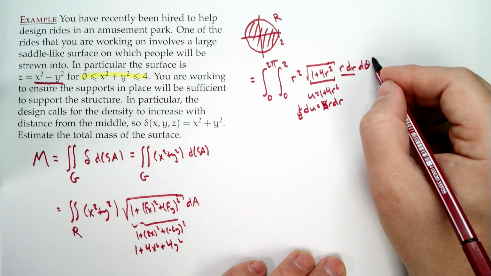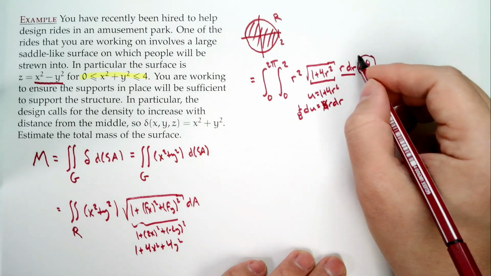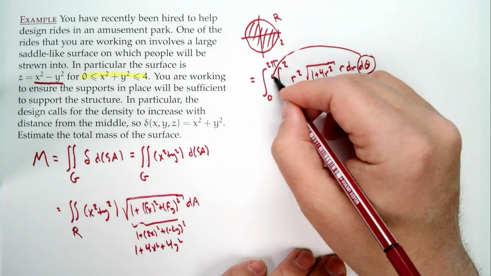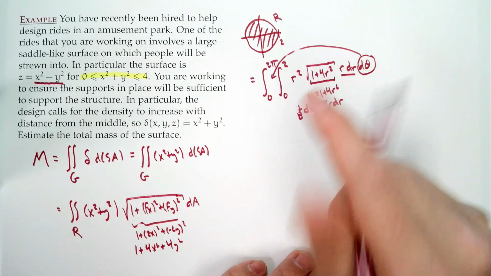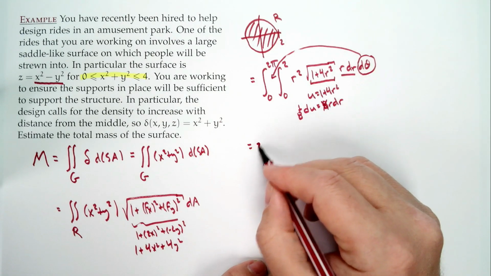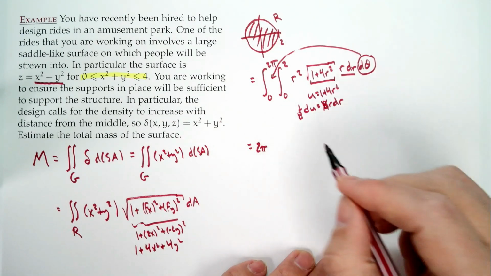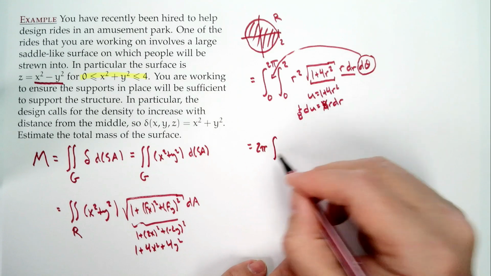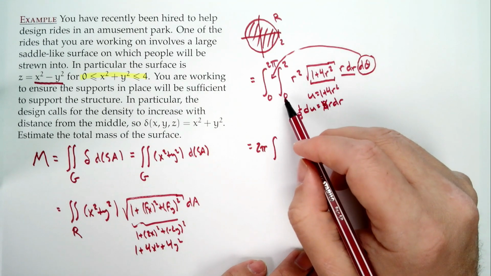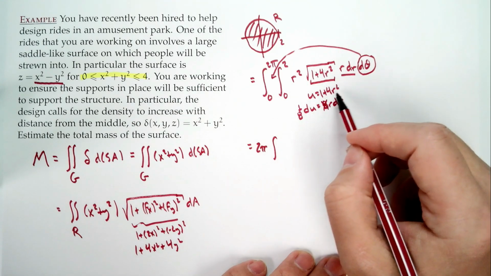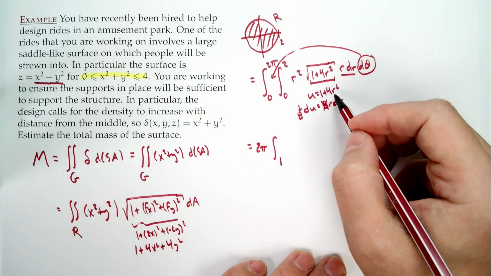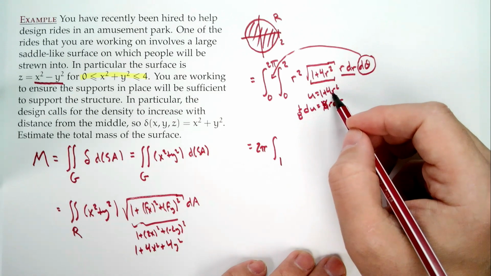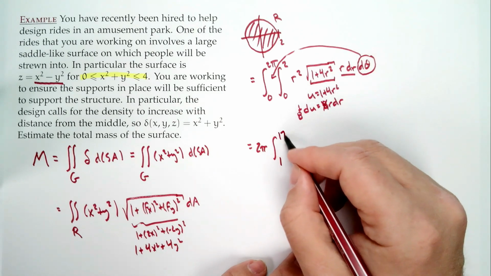In the meantime, notice the inside has nothing to do with theta. You can really put the d theta over there. So the integral from 0 to 2 pi d theta, that's 2 pi. And then we have the integral. Well, let's update the bounds. 1, because put in r equals 0, you get 1. Then put in r equals 2. Well, 1 plus 4 times 4, 17.